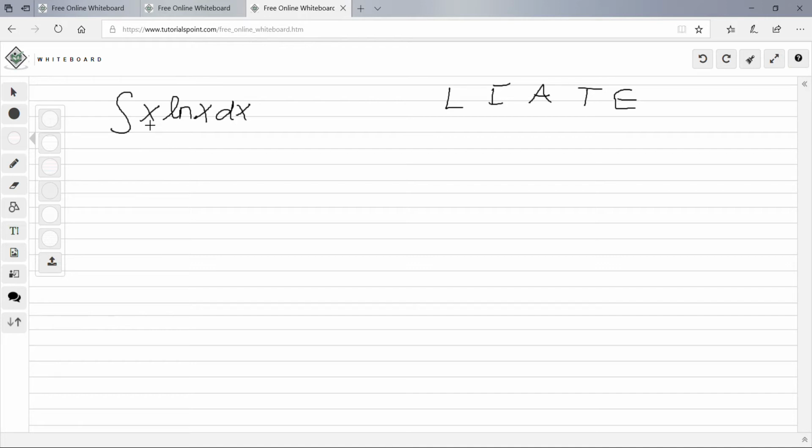So we have an algebra and a natural log, so this is a log, and then this is our algebra. So which comes first? The log, so our u is going to be ln of x, and if you take the derivative of that, that would be 1 over x dx.